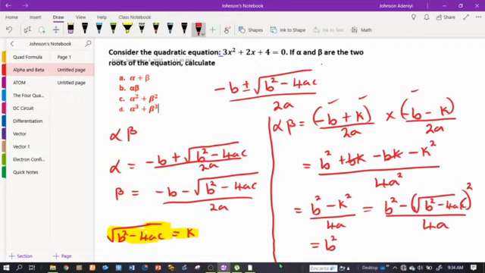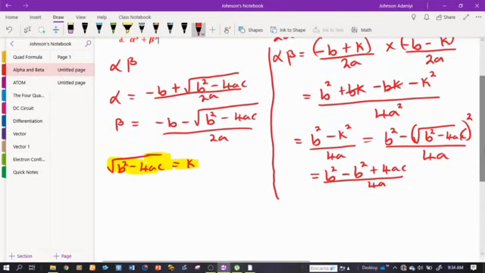By the time we expand, the square will cancel the square root. So this will be minus, we use the minus to expand it, so minus b square plus 4ac, divided by 4a square, sorry, square is missing here. So at the end of the day, the b square will subtract the b square, b square minus b square is 0.